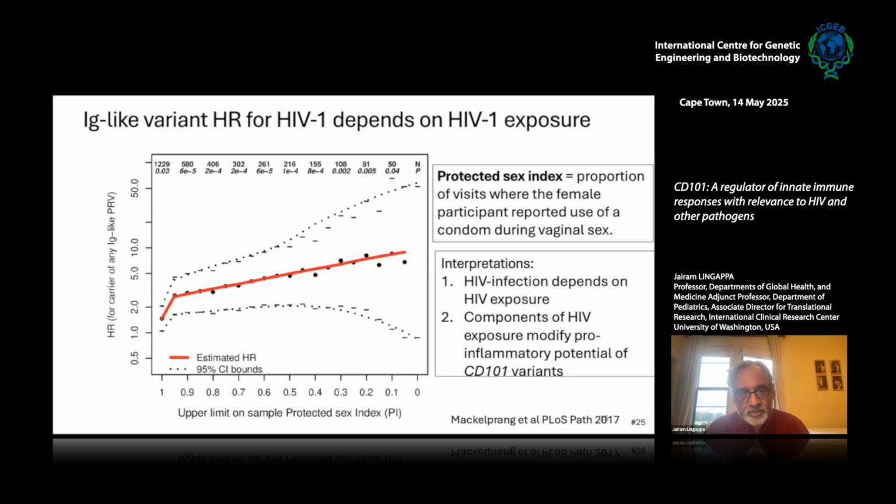That is, as you get higher levels of exposure, there's a gene-environment interaction where the CD101 variants are actually causing more inflammation or more likelihood of infection than in individuals who have low exposure. So I want you to hold this thought in your mind, and we'll come back to this later in the presentation.